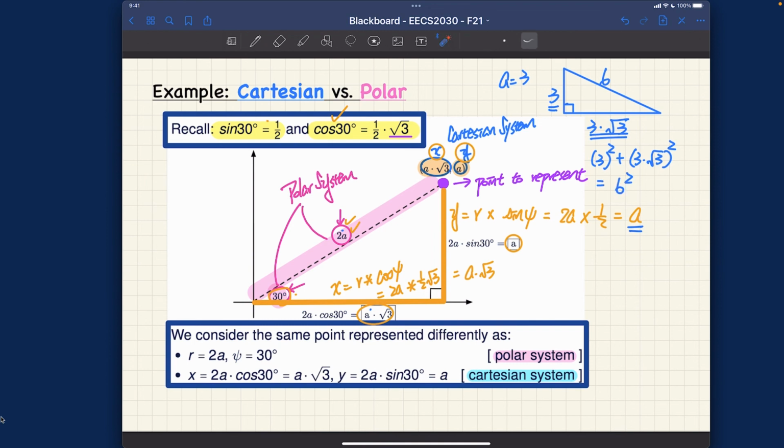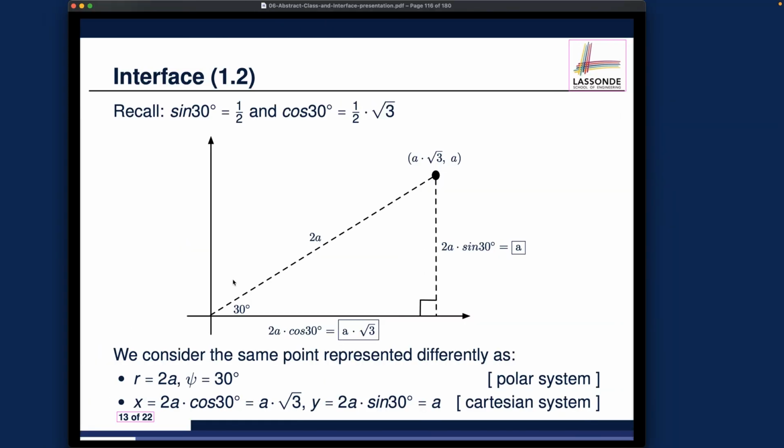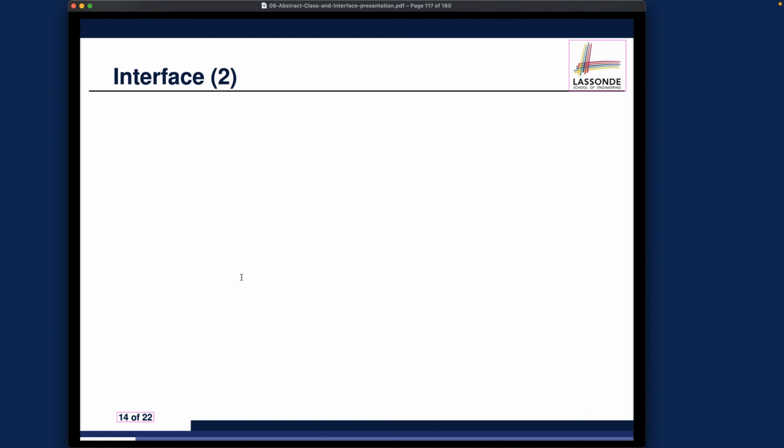You can double check, that's going to be the case. So you can set a to be any numerical value, and all the sides are just going to be scaled accordingly, as long as you follow 2a, a times the square root of 3, and a. Okay, let's now go back, and let's try to declare some interfaces by learning the syntax.